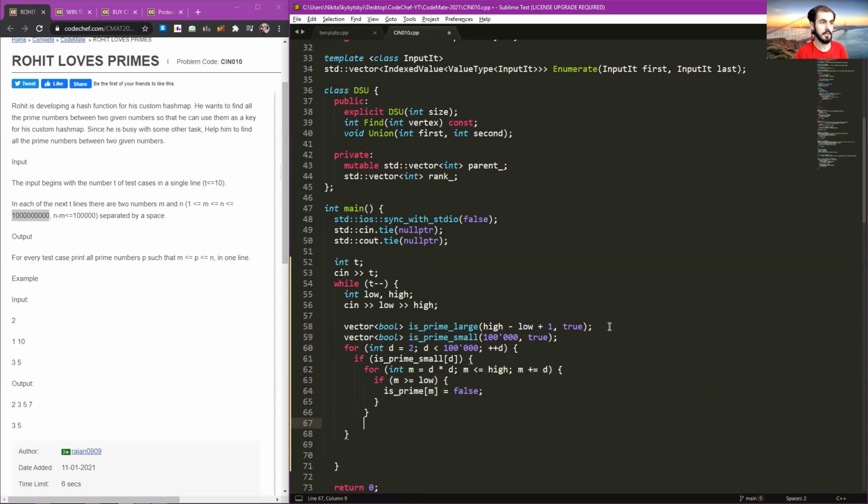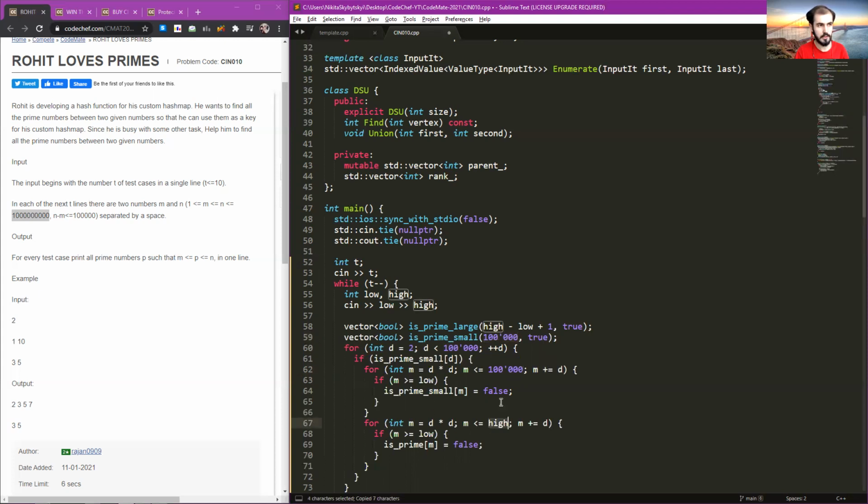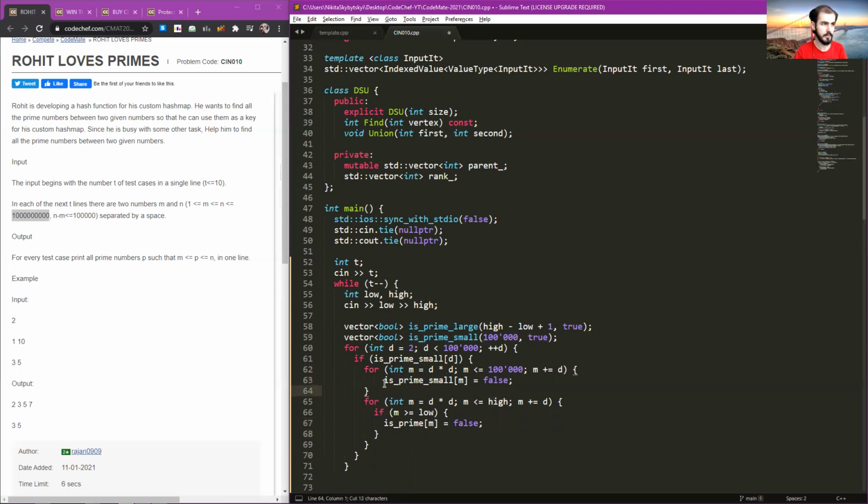So all of this makes sense only if we want to, first one thing that we want to do is update this, right? The second thing that we want to do is update this part. Here we don't care about this.